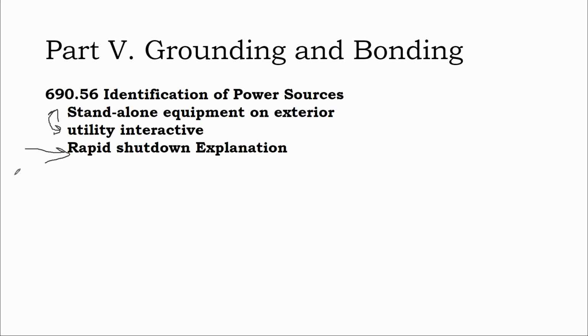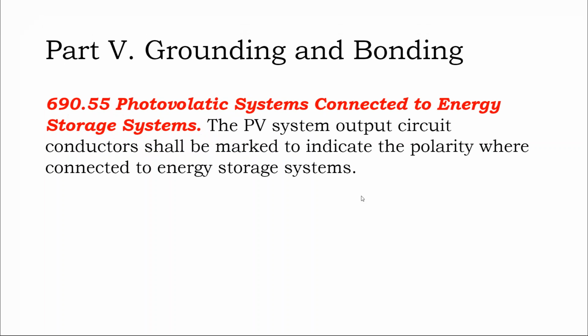The system rapid shutdown needs to be called out. The disconnect locations, array voltages and amperages. Some additional requirements: the PV system output conductors shall be marked to indicate polarity when connected to energy storage systems, so positive and negative.